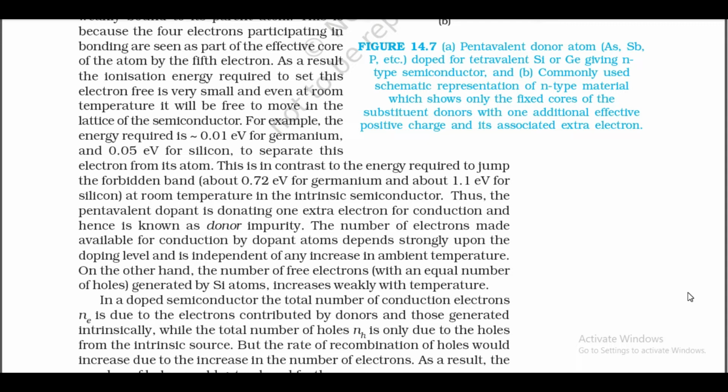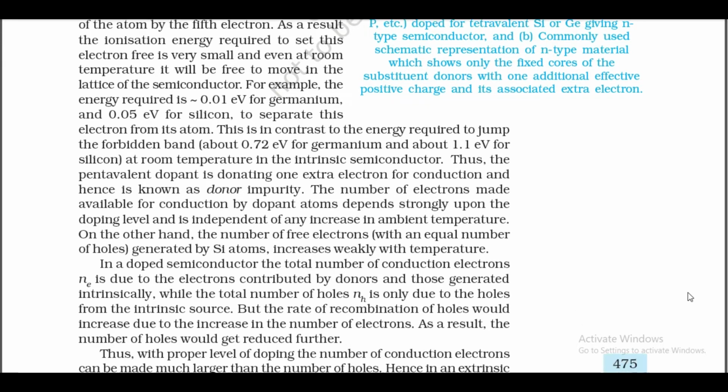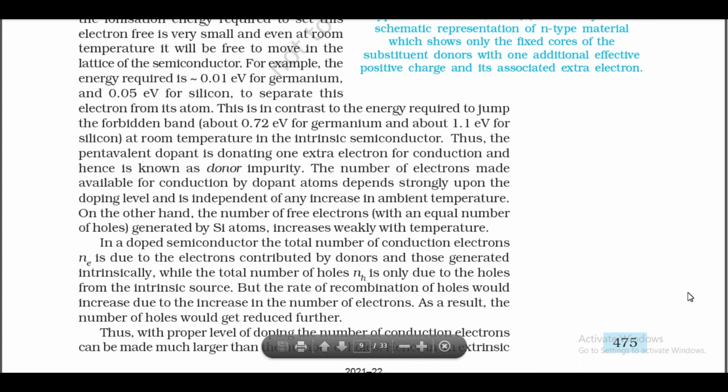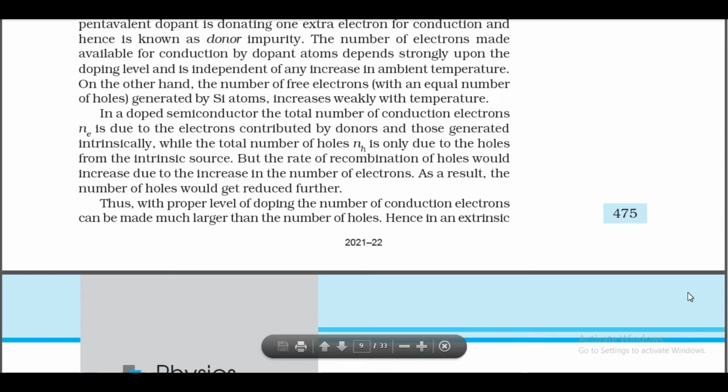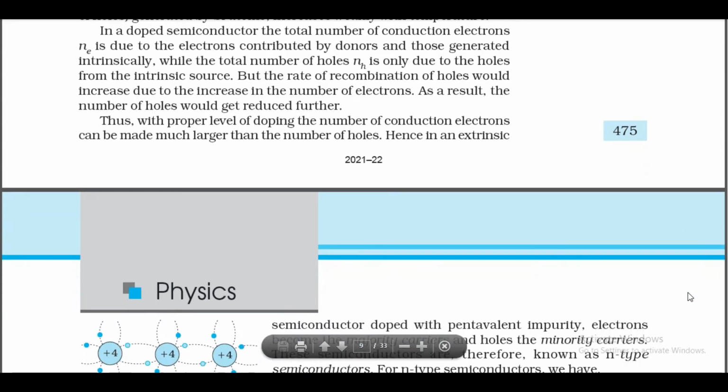intrinsically, while the total number of holes NH is only due to the holes from the intrinsic source, but the rate of recombination of holes would increase due to the increase in the number of electrons. As a result, the number of holes would get reduced further. Thus, with proper level of doping, the number of conduction electrons can be made much larger than the number of holes.